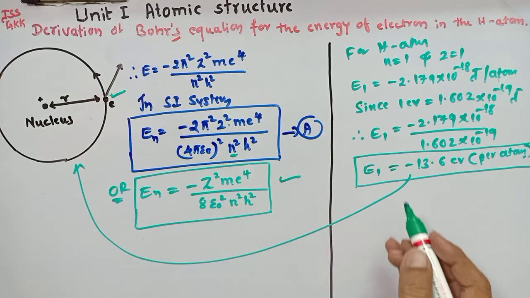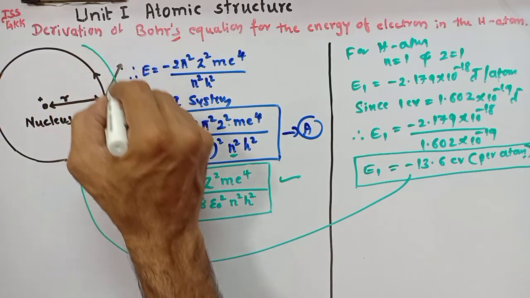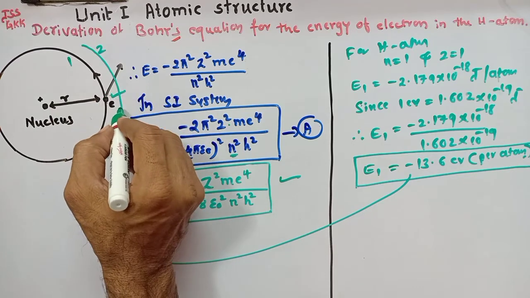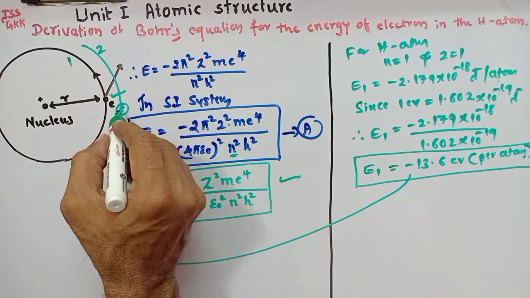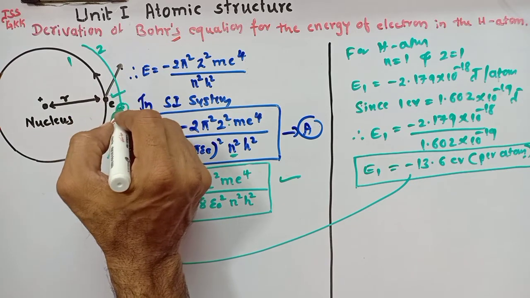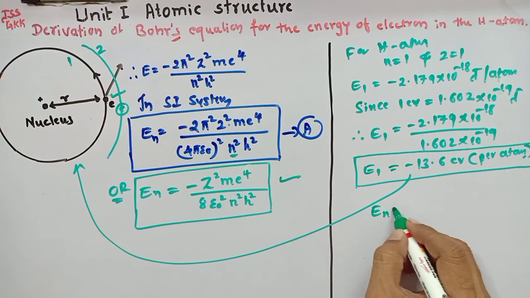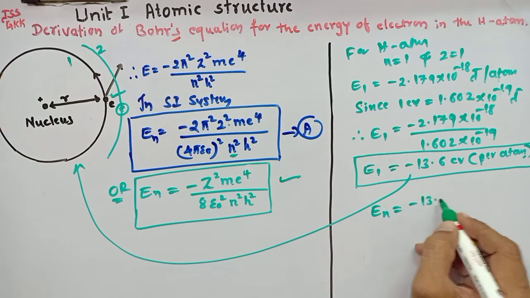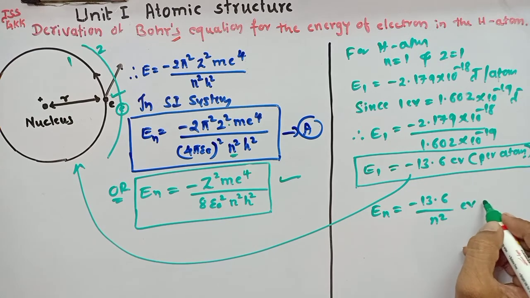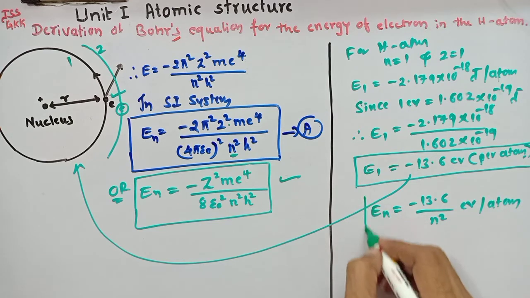Now, in order to find the energy associated with the second orbit, if one more electron is present in the second orbit, we can use the general formula, En is equal to minus 13.6 divided by n square electron volt per atom.